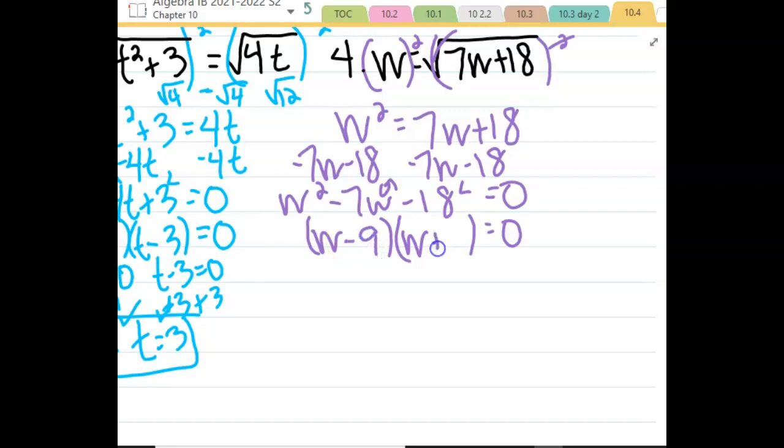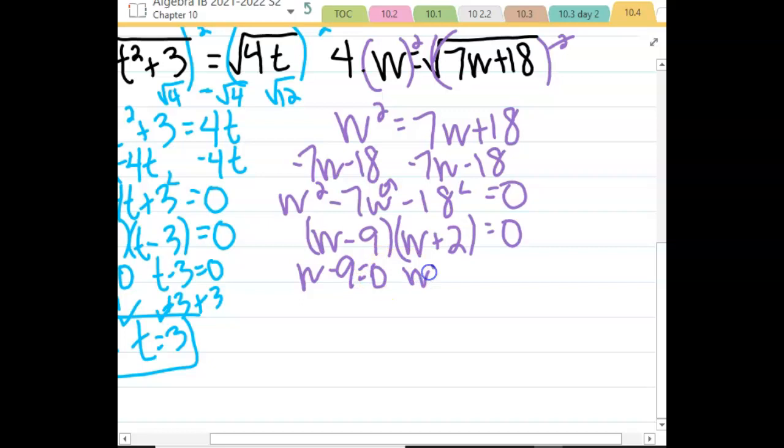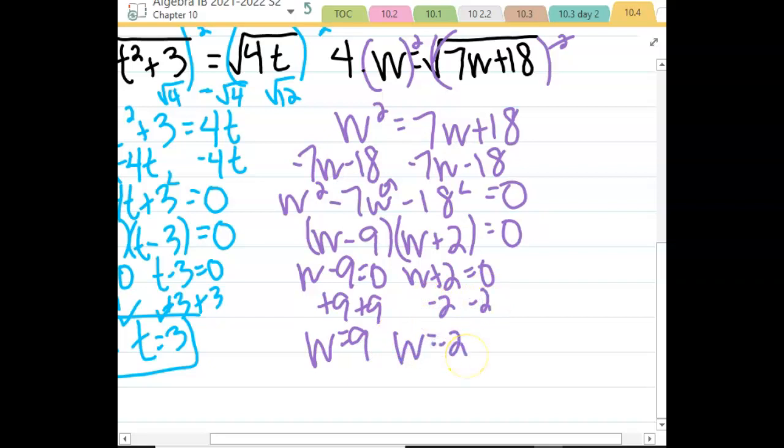A negative 9, and a positive 2. Which means either w minus 9 equals 0, or w plus 2 equals 0. Add 9, w equals 9. Subtract 2, w equals negative 2.